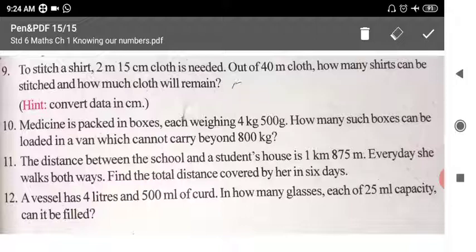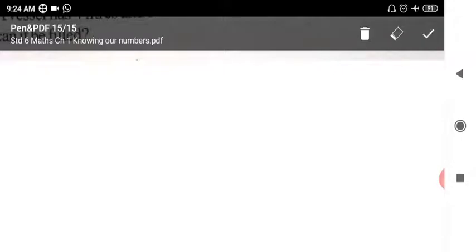Here 2 meter 15 centimeter is given. If you want to convert in centimeter, how we will convert this? If you have watched the previous video, you will know that 2 meter means 200 centimeter. I am explaining how it is coming.